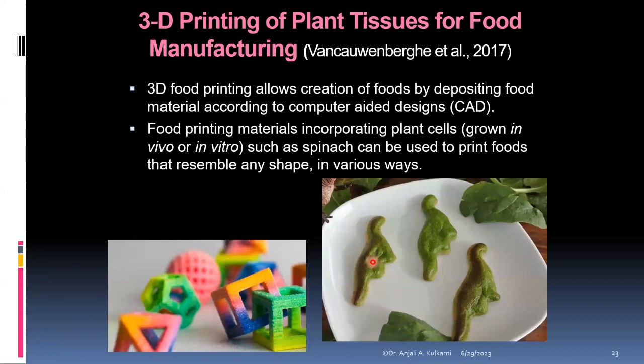And now I will end my talk with an interesting idea which is not related to secondary metabolites, but I thought that I would share it as a fun fact. So there is this entire area of 3D printing of plant tissues for food manufacturing. This is a spinach leaf which has been modified to be produced in the form of a dinosaur.